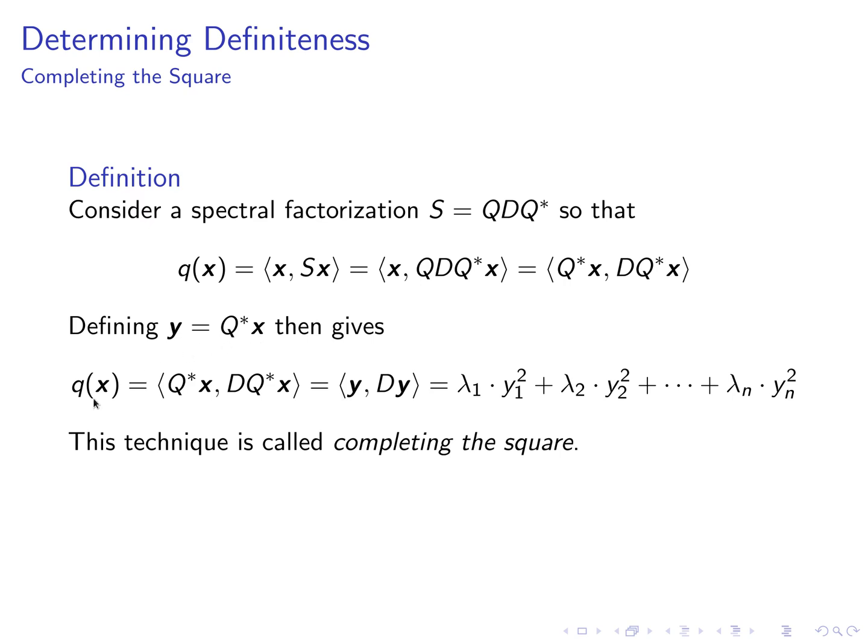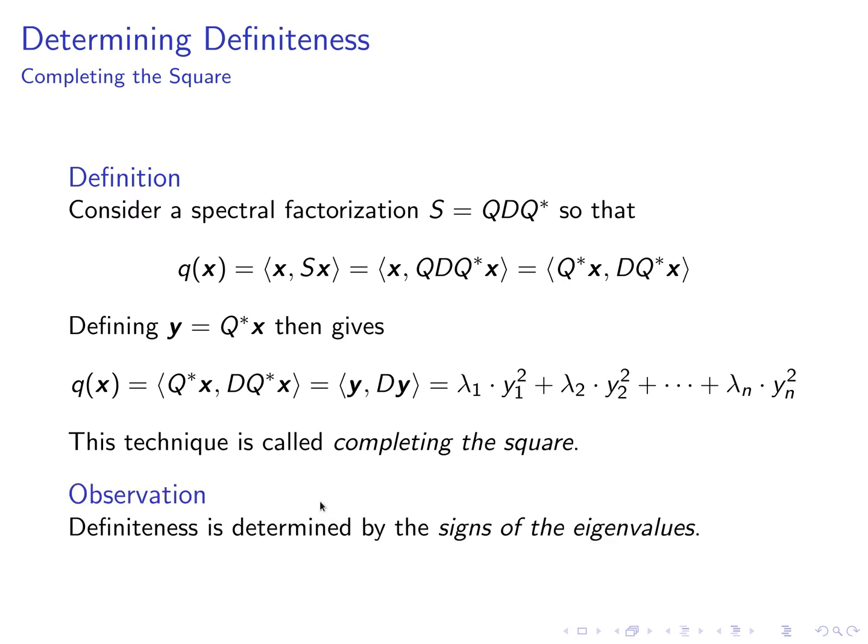And now the formula for the quadratic form looks pretty nice. It's the first eigenvalue of the matrix S times the variable y1 squared plus the second eigenvalue times y2 squared, and we keep going until we get to the last eigenvalue times the last y squared.